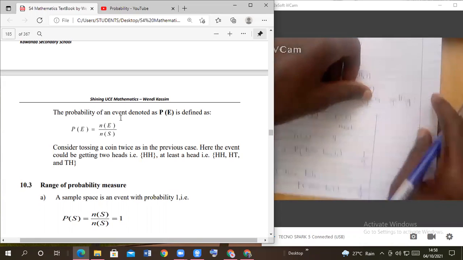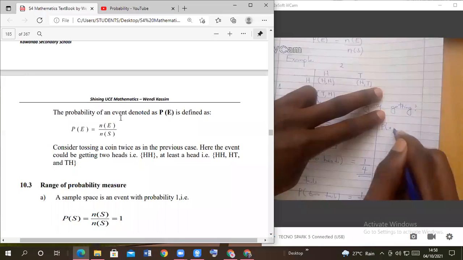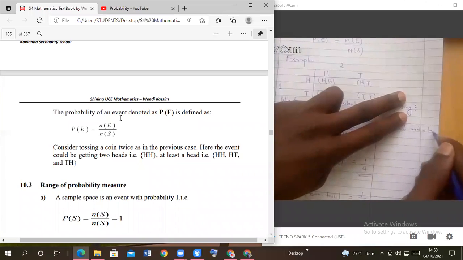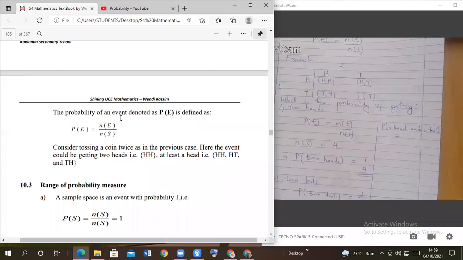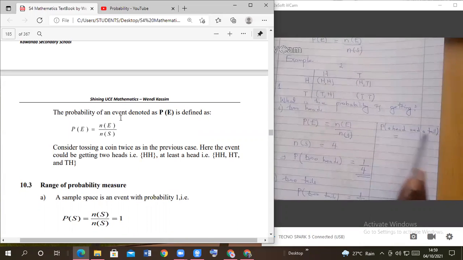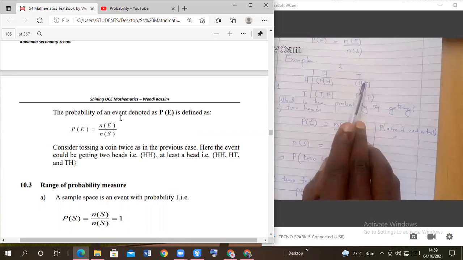But if they asked you, what is the probability of getting a head and a tail, in that order, you have to be very careful of the order. Head and a tail is only 1.